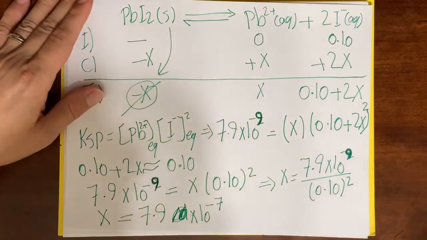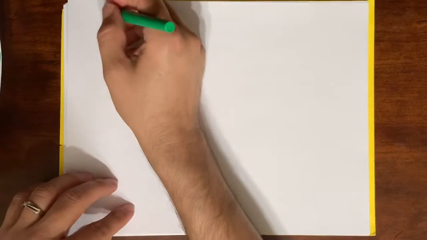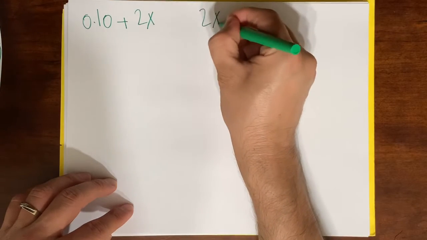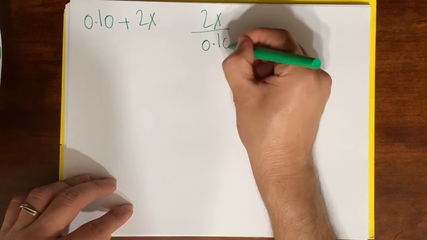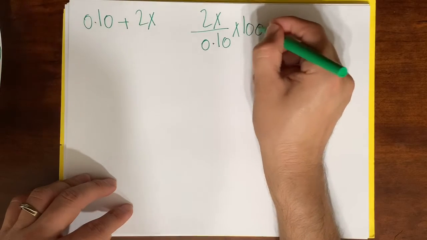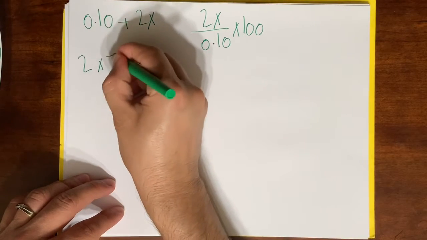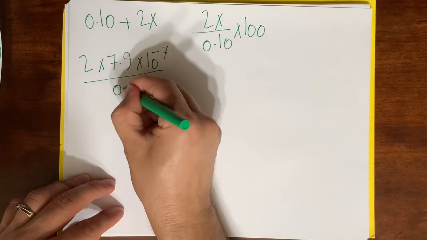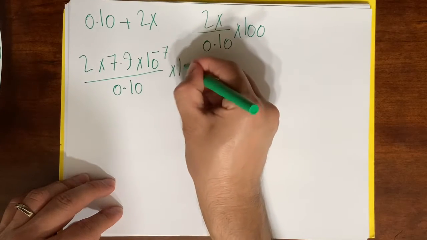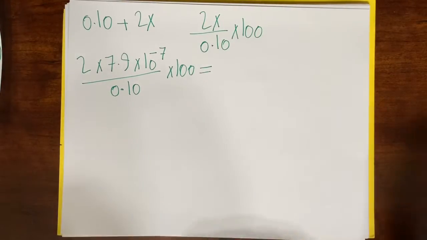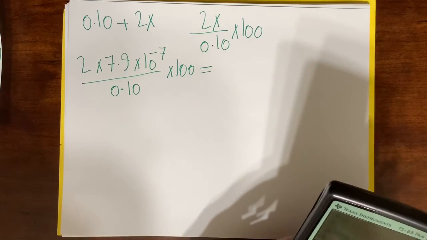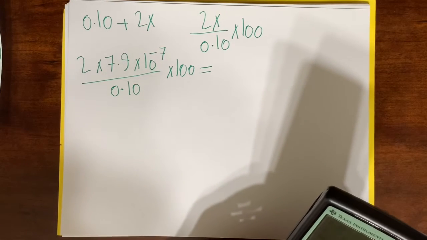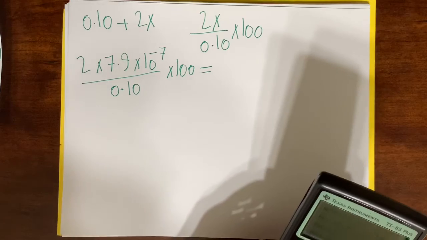You want to do a test. You made the assumption that 0.10 plus 2X is about 0.10, so divide the 2X by 0.1 and multiply by 100 and see what the answer is. 2 times 7.9 times 10 to the power of minus 7, divided by 0.10, times 100.